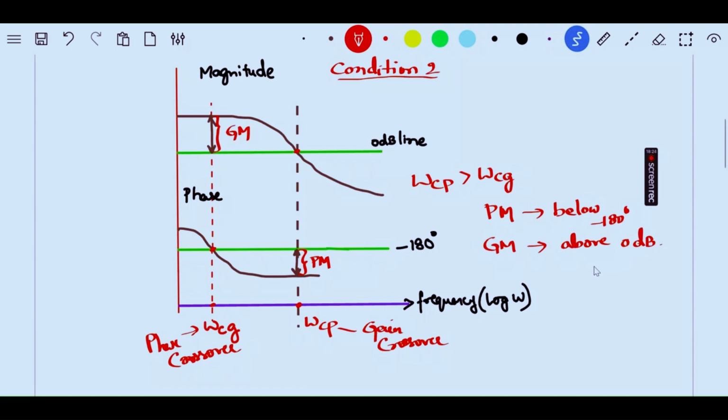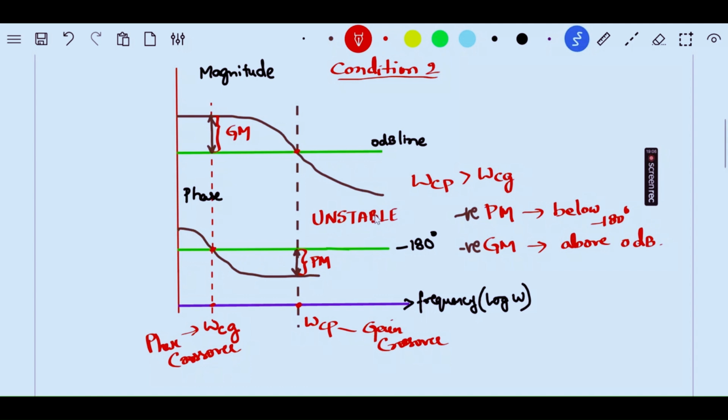Now, what we comment here is, if the phase margin is below minus 180, then the phase margin is considered to be negative. Whereas if the gain margin is above the 0 dB line, then the gain margin is considered to be negative. Keep that in mind. If both gain margin and phase margin are negative, then the condition is called unstable.